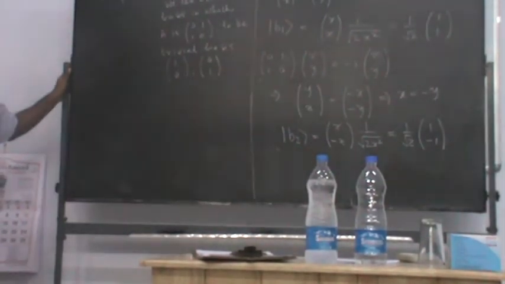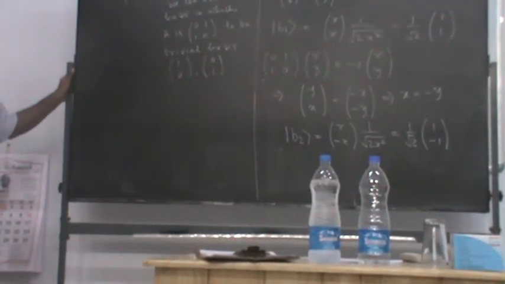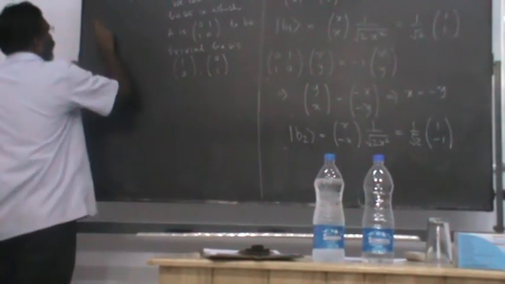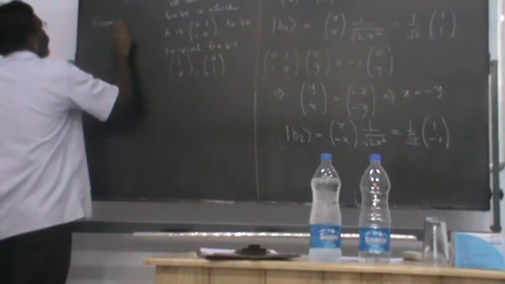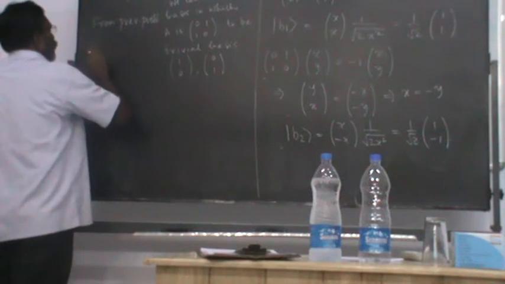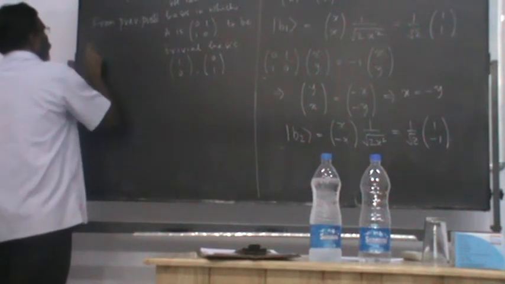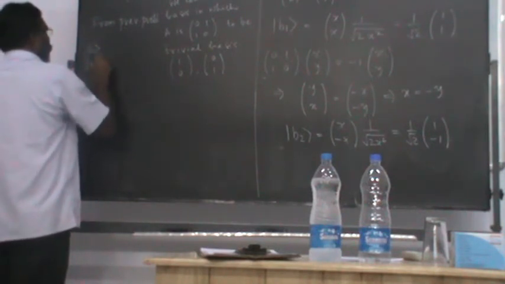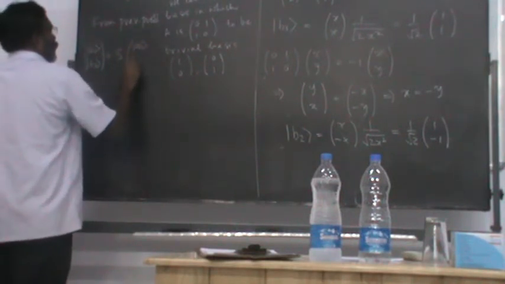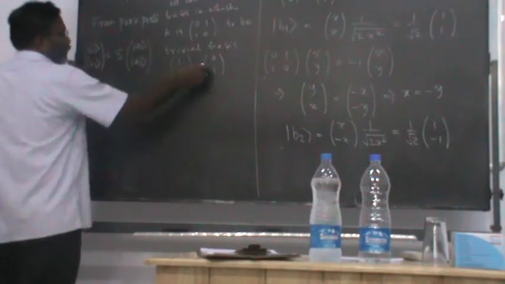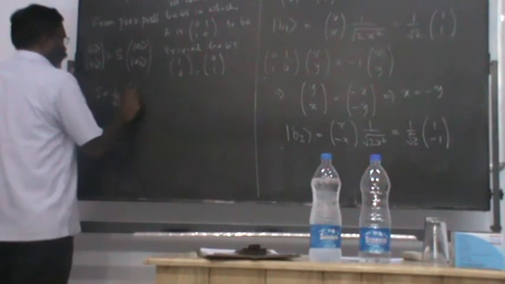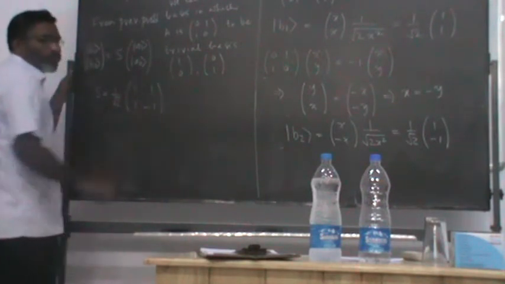Now we know in the previous case the transformation from this basis to that basis. So from the previous problem, we know that this B1, B2 can be written as S times A1, A2, where A1, A2 is the trivial basis and S is equal to 1 over root 2 times the matrix 1, 1, 1, minus 1.